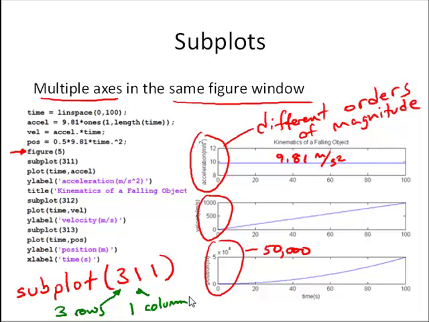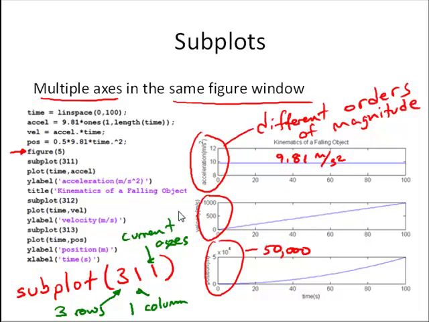So the first 2 numbers in the subplot command in this example are what generate our 3 sets of axes for the plot. Then the third one is the current axes. So that third number specifies which axes your subsequent plotting commands are going to be acting on.